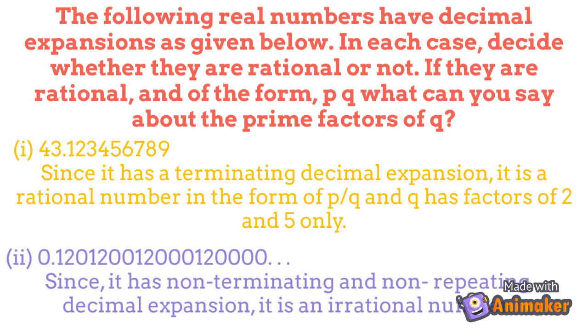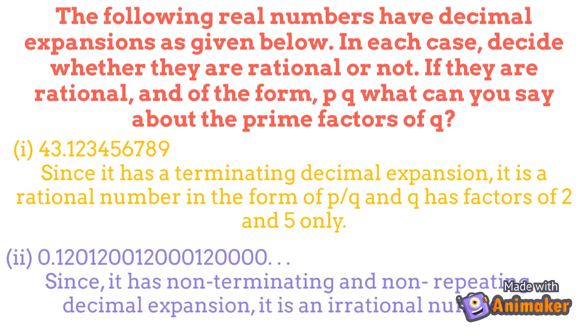Because it has an end, it is a terminating decimal expansion, or you can say it is a rational number. So if it is a rational number, then it can be written with co-primes p and q, in the form of p by q. And q will have factors of 2 and 5 only.